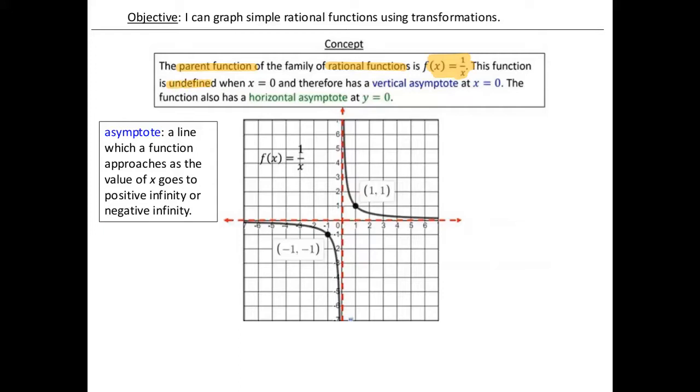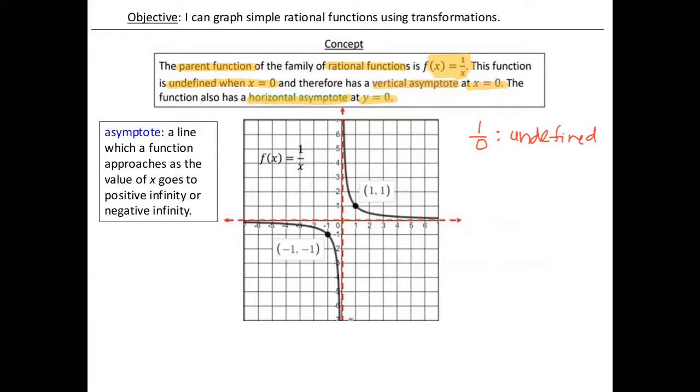So it is undefined when x equals 0, because you will end up with something like 1 divided by 0, and that's going to be undefined. You cannot divide by 0. And so x equals 0 becomes undefined, which is where we get our vertical asymptote at x equals 0. There's also a horizontal asymptote at y equals 0.